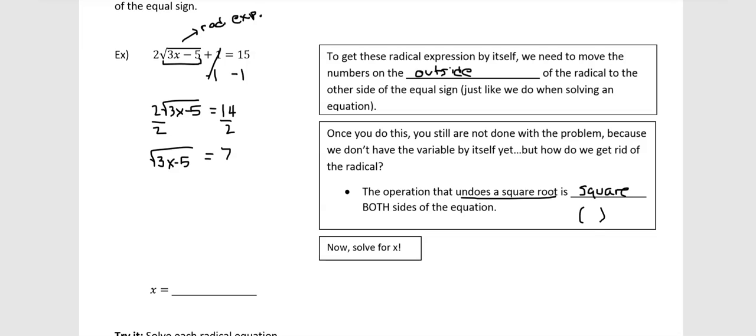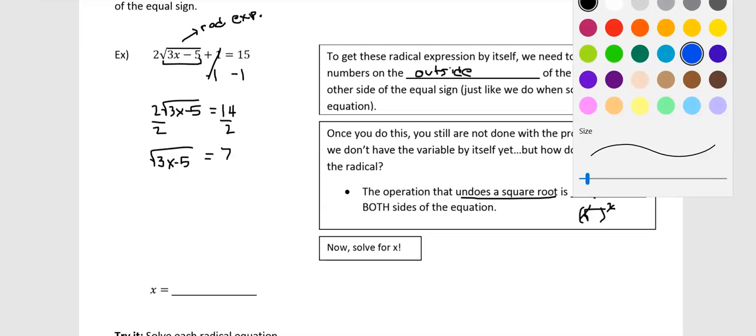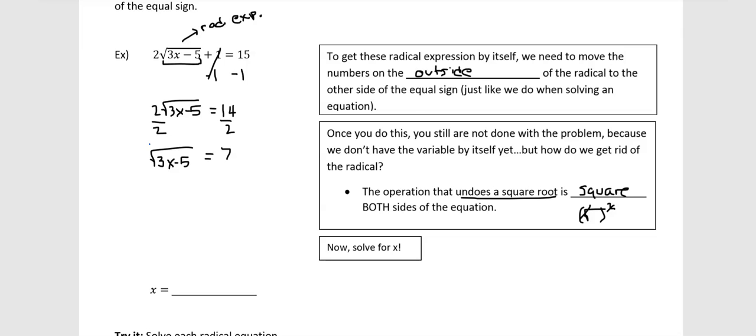In other words, the little 2 cancels out the square root. I'm going to get a different color to show you the next step of this process: we're going to little 2 both sides, because the whole goal is to get rid of the square root sign.